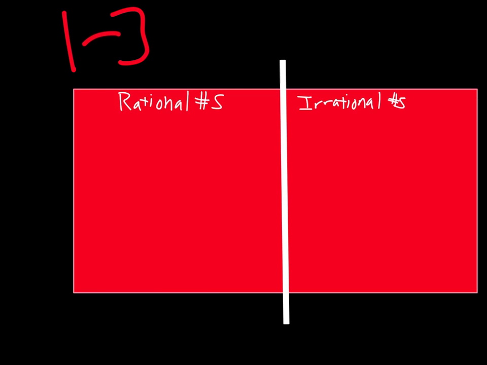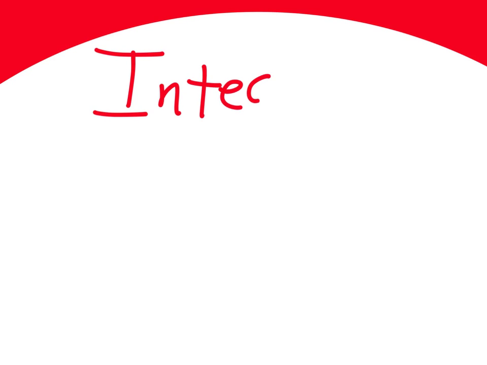So within rational numbers, there are things called integers. So for that, I'm going to do a circle. Okay? So within rational numbers, we have what are called integers. Zoom in. Integers, all right.